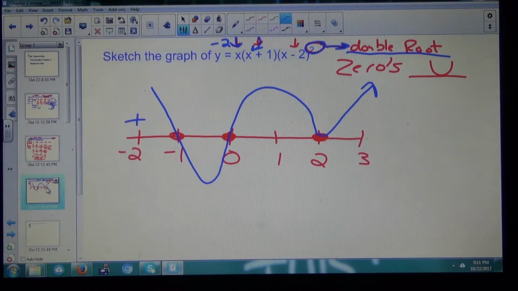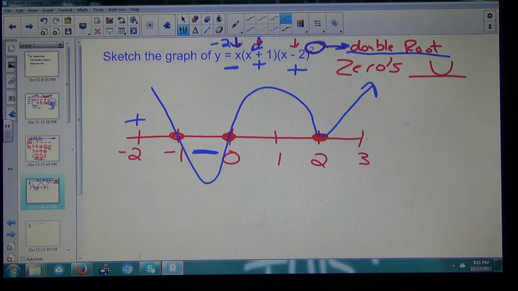So now I would check the next one. What number is in between this spot from here to here? Okay, and the number in between there would be -1/2. So if I plug in a -1/2 up here, I'd have a negative. 1 plus a -1/2 would be a positive. And again, the square is always positive. So if you multiply these together, that gives me a negative.